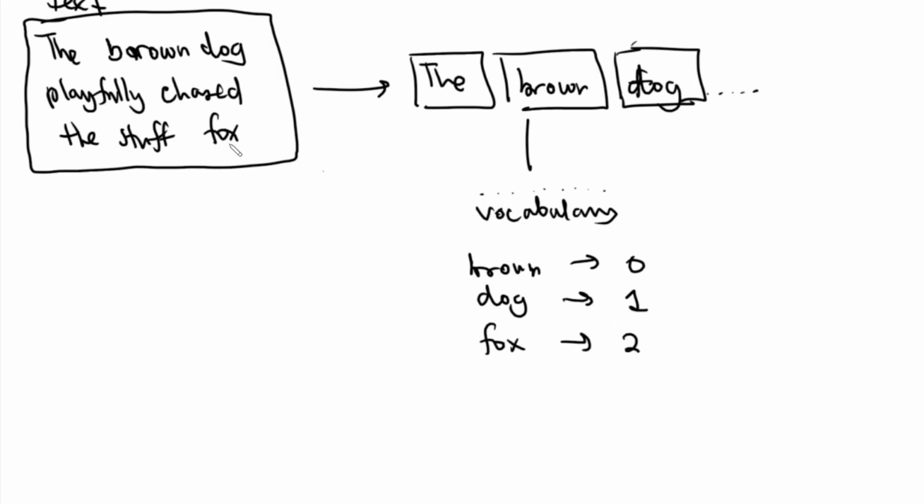It's going to fail this vocabulary mapping, just like we did with the hello. It's going to fail when it gets to the words playfully, chased, stuff, because those words are not in our vocabulary that says the quick brown fox jumped over the lazy dog. They are not in there.